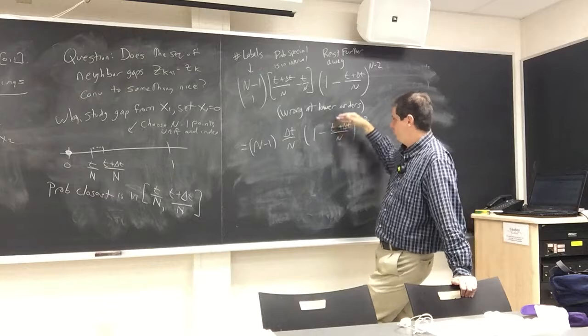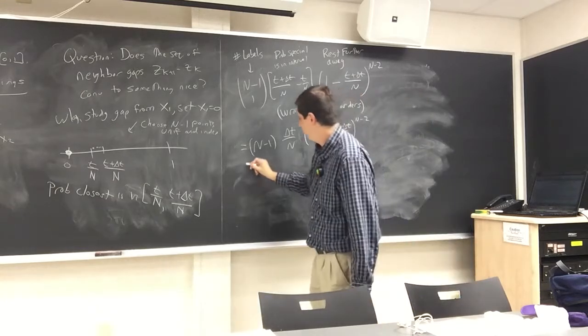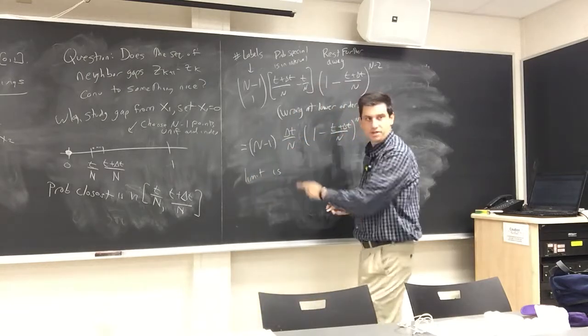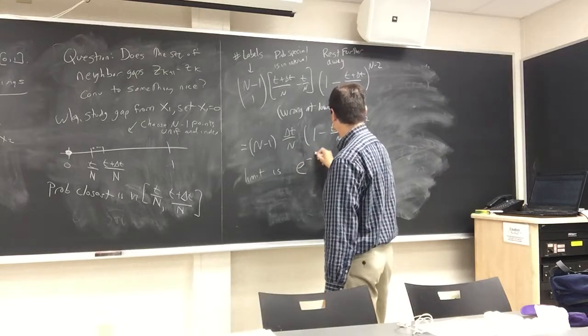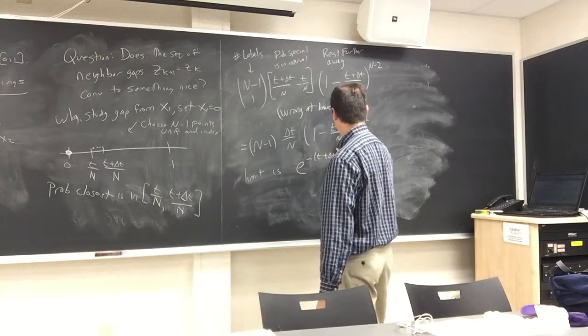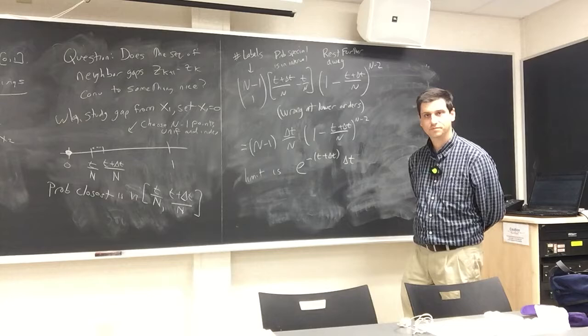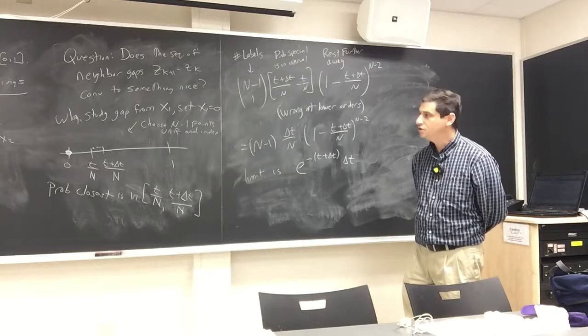I would get a 1 minus something over n to the negative 2. T is going to be small relative to n. So the minus 2 doesn't really matter. So in the limit, the n minus 1 over n becomes just 1. We have a delta t, so we get e to the negative t plus delta t, delta t. Okay? So this is the probability.